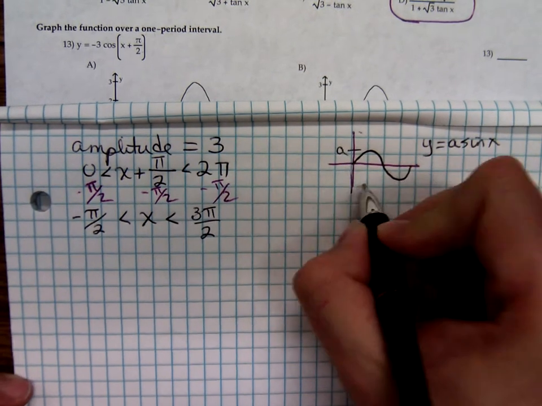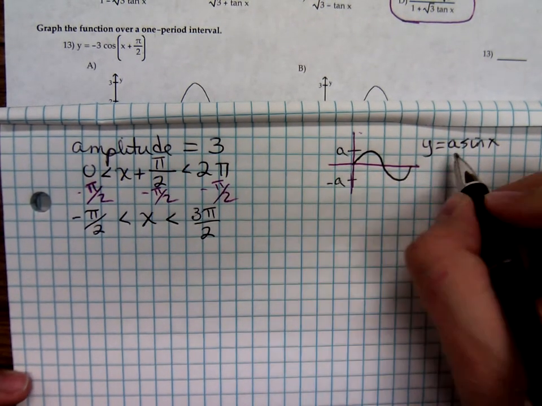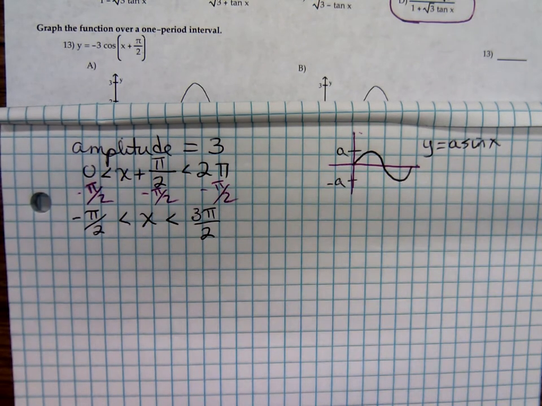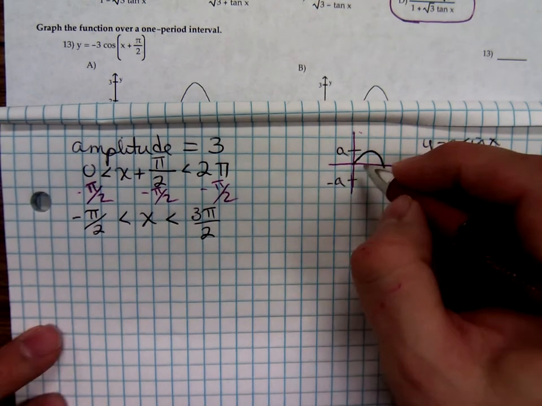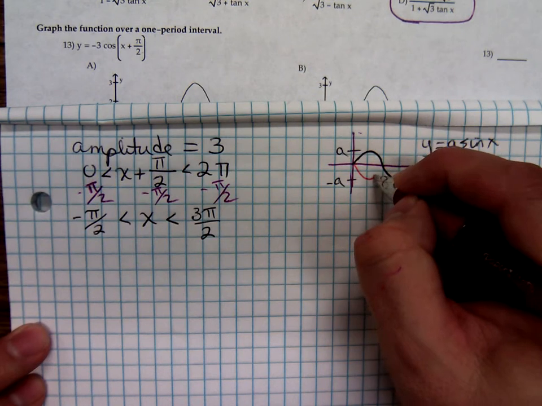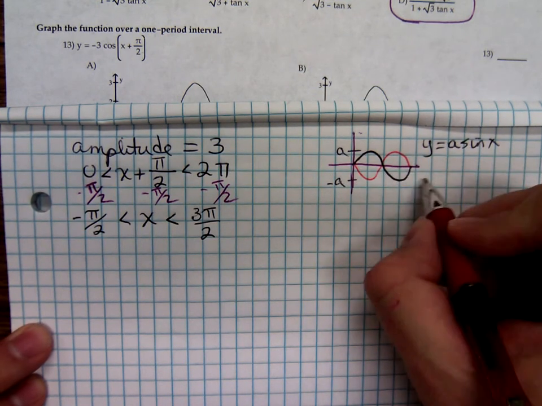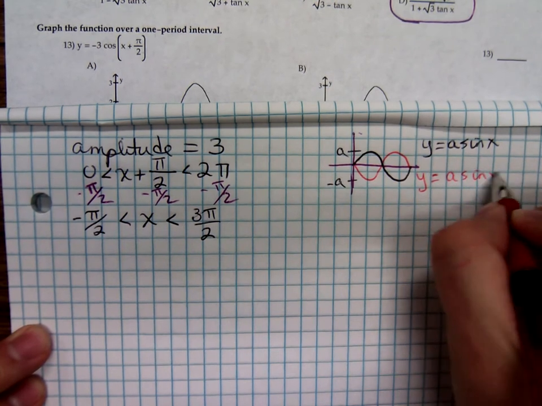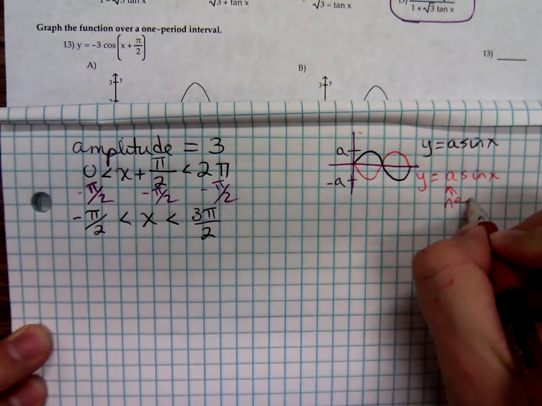Be bouncing between a and negative a. Now if a were negative, then it gets reflected across the x-axis, doing something like this. This is where a is negative.